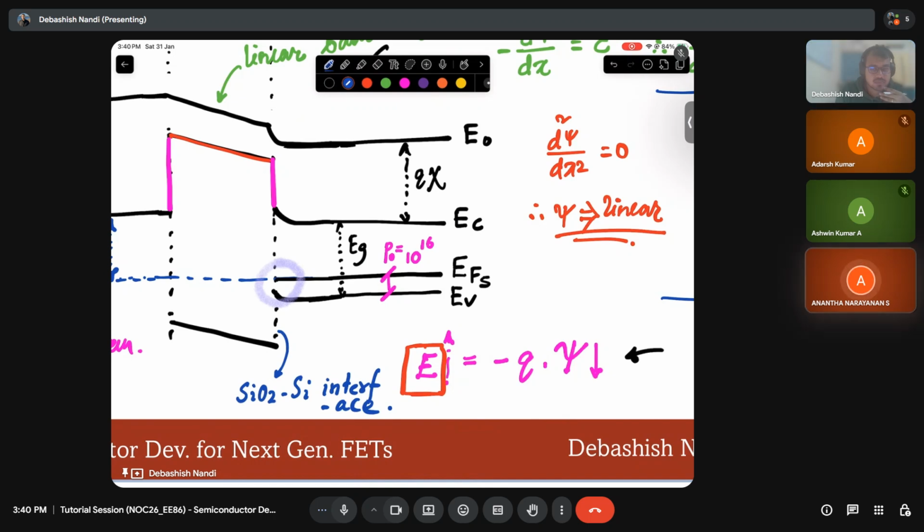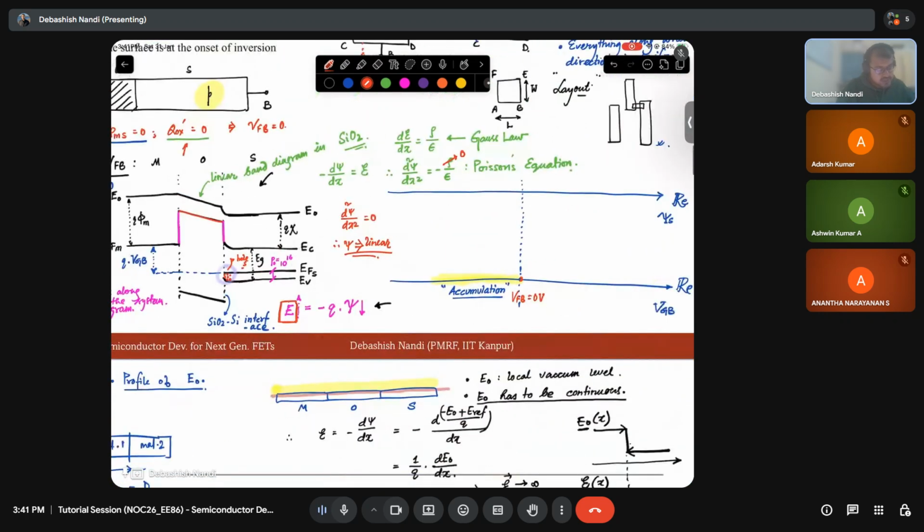It will be more p-type, right? Yes, sir. That means here, what will I have? In this region, I will have accumulation of holes, right? As majority carriers are getting increased at the interface, we call this region of operation accumulation. Fine. So this is called accumulation.